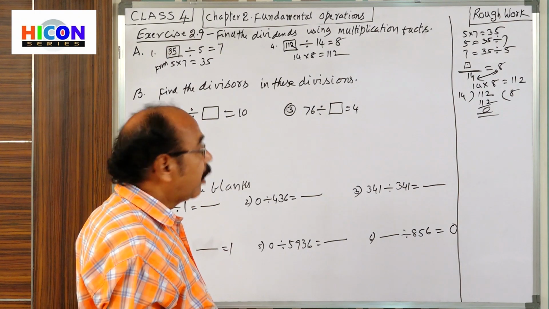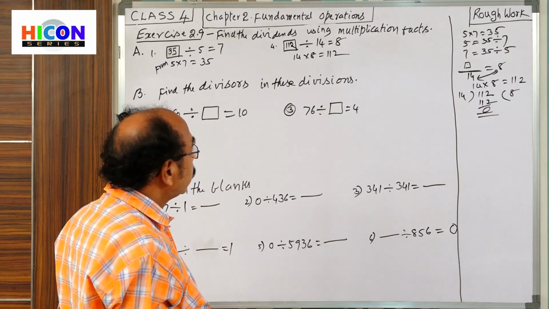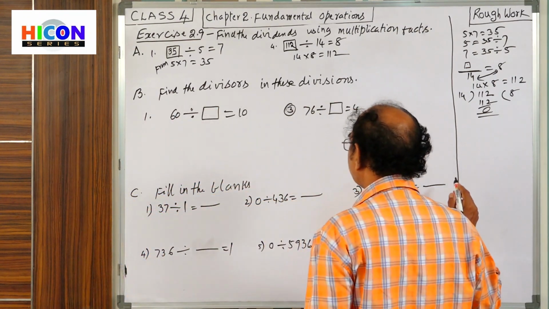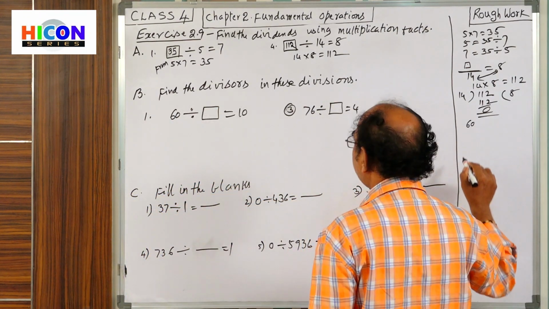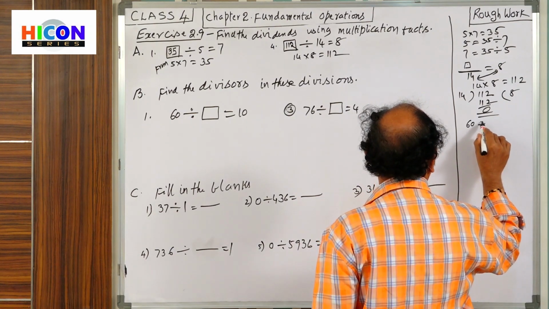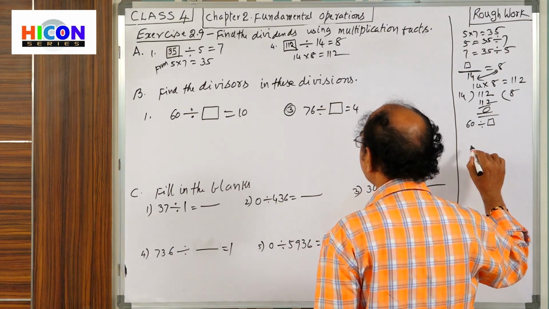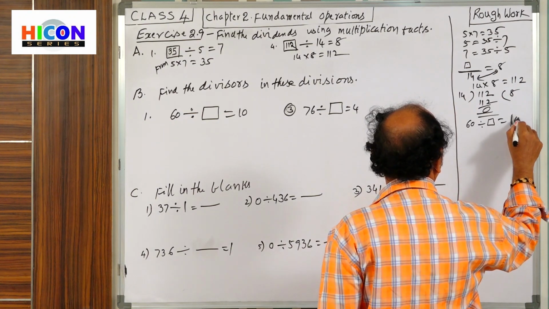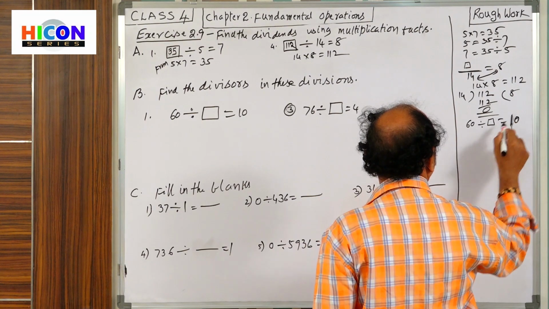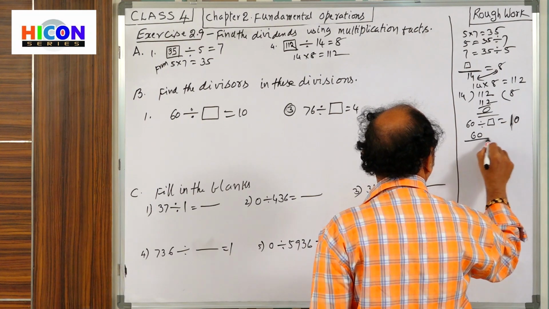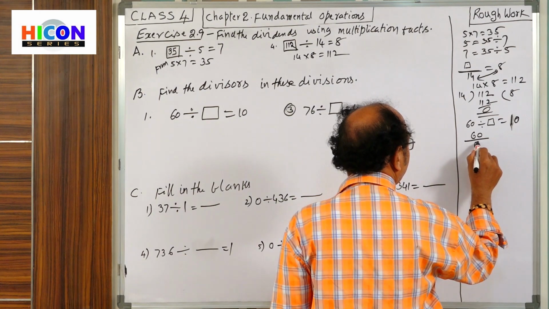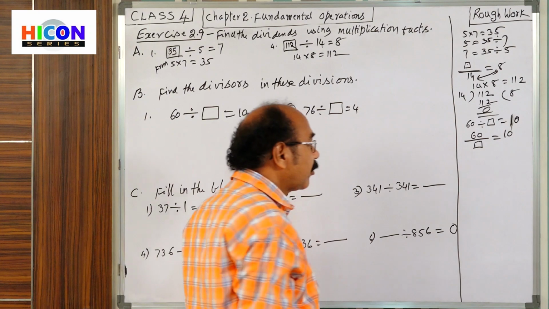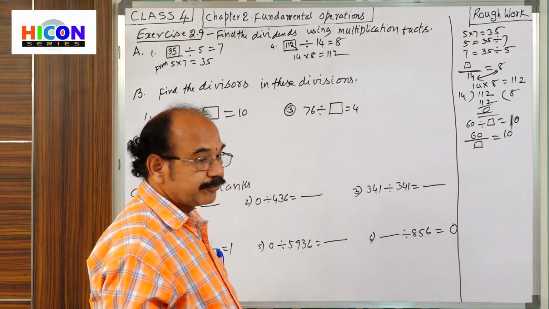Divisor we have to get. 60 divided by box, you see children here, 60 divided by box is equal to 10. 60 is to be divided by what number to get 10?